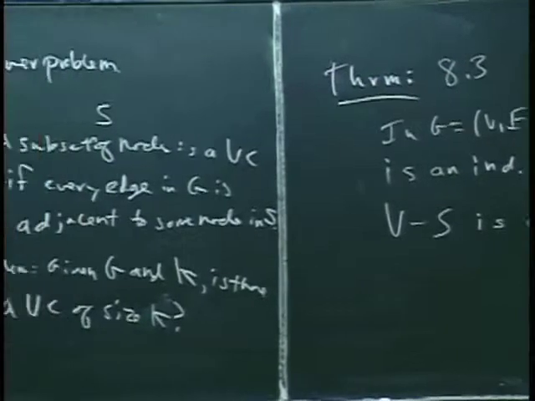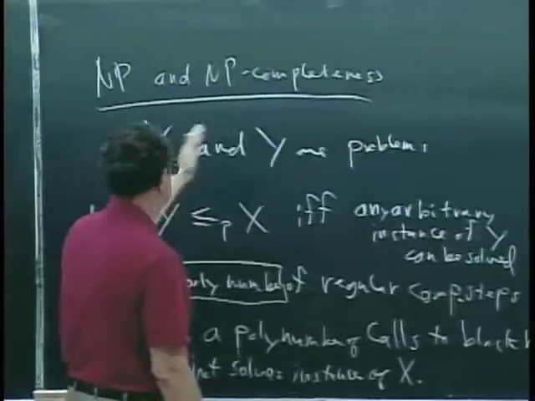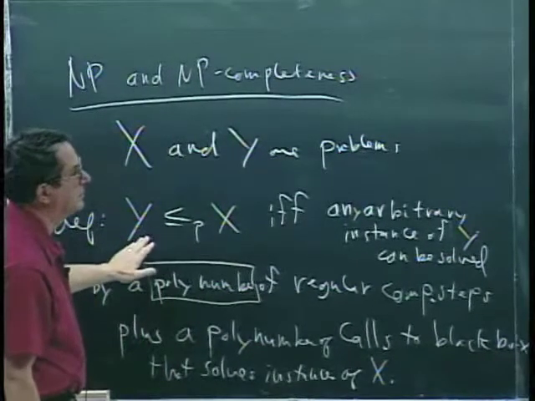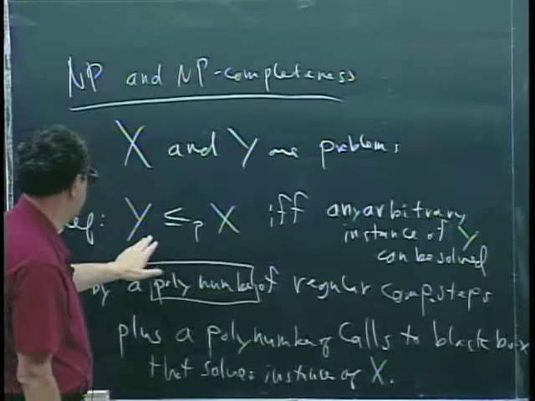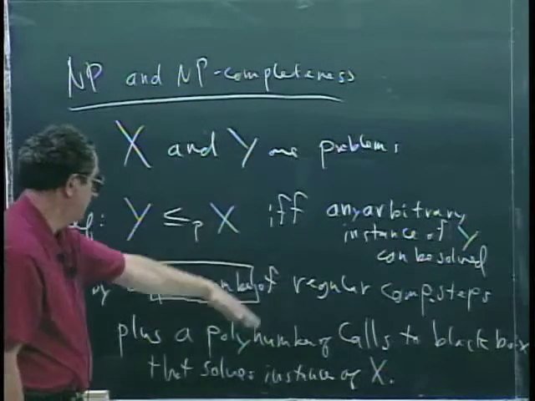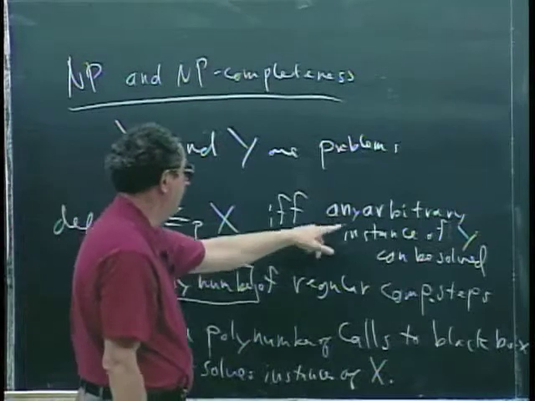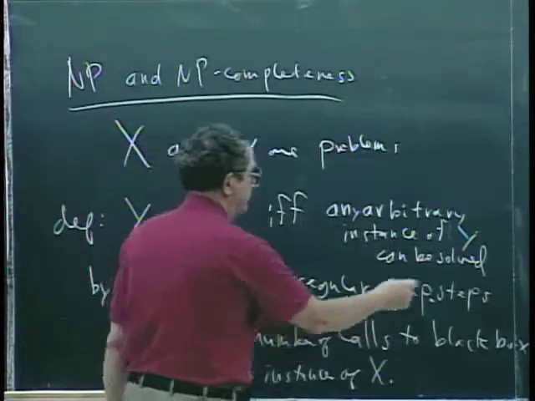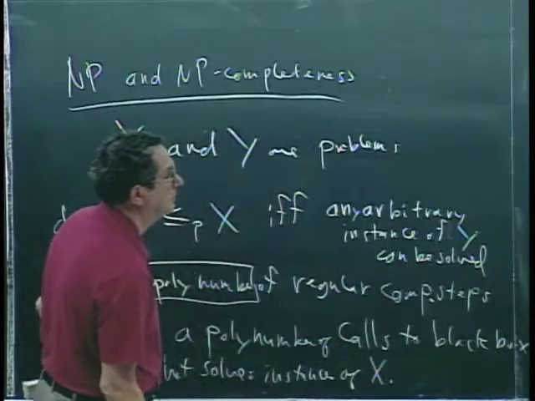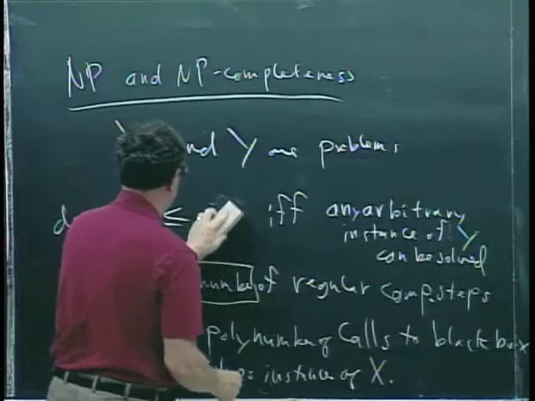Now that we know that, and we're talking here about this polynomial time reduction, we'll go back to this definition, and again thinking of Y as the vertex cover problem and X as the independent set problem. Let's try to make this concrete. So we have to think of how we can solve an arbitrary instance of Y. So Y is vertex cover, and X is independent set.